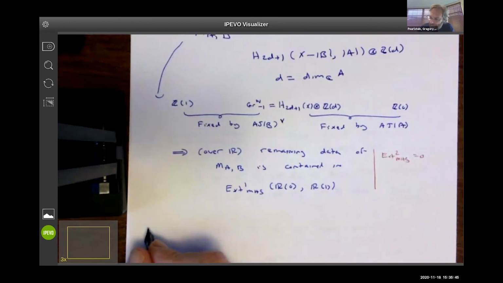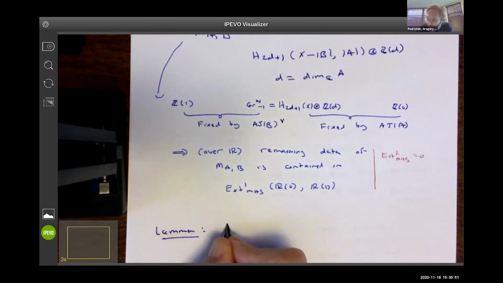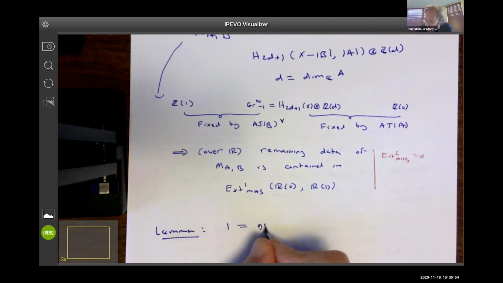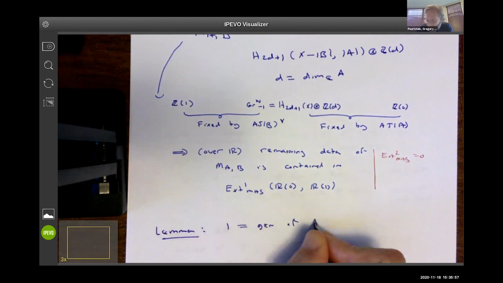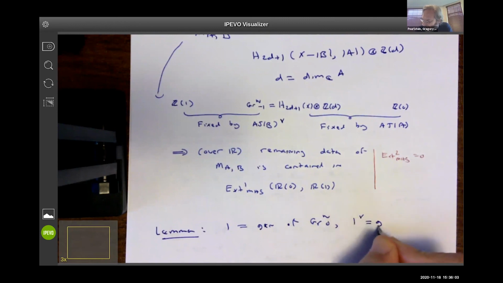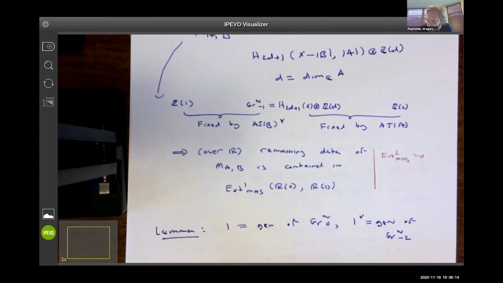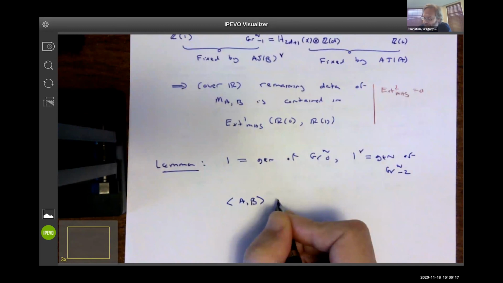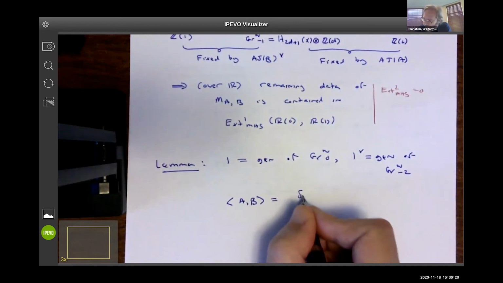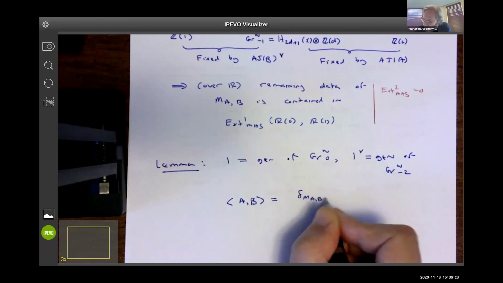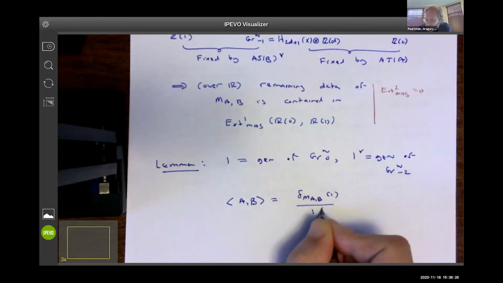And then we have a little lemma, which says that if 1 is the generator of Ker W_0 and 1 dual is the generator of Ker W_{-2}, then this height pairing between A and B is equal to, I take delta of M_AB of 1 and I divide it by 1 dual.